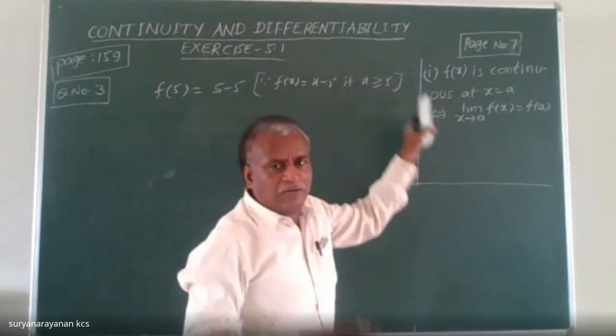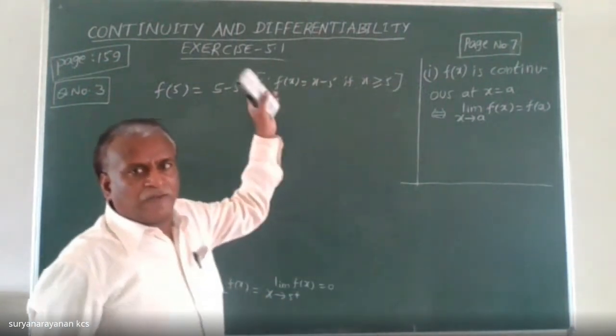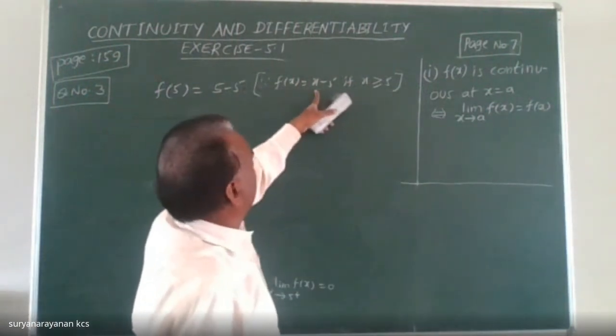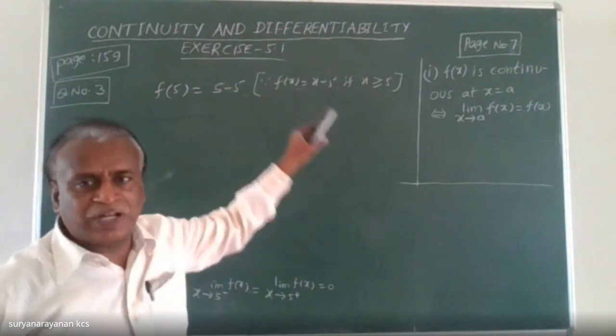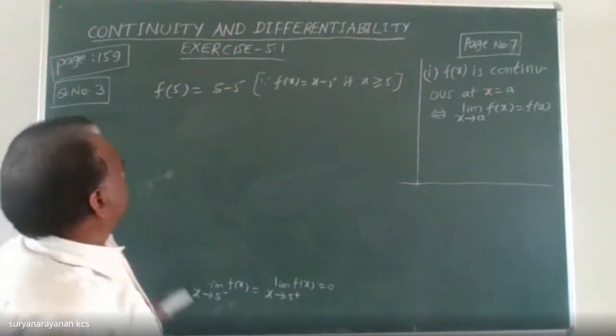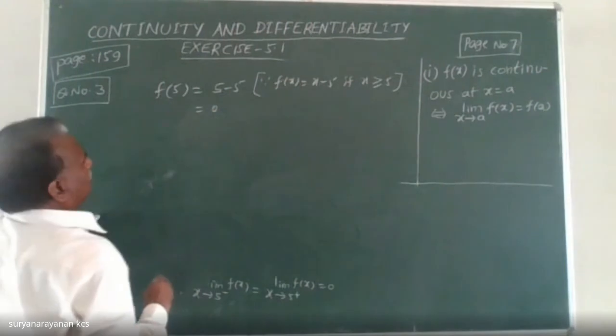If x value is 5 or if x is greater than 5, f of x is equal to x minus 5 only. So in this function I substituted x is equal to 5. So we got here 0.